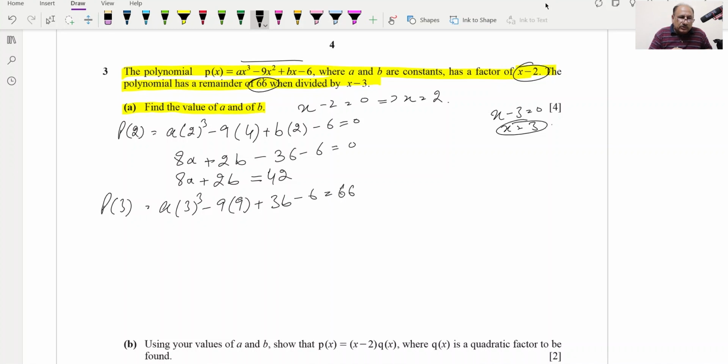So we'll put equal to 66, and this will be 3 cube will be 27, so 27a minus 81 plus 3b minus 6 minus 66.